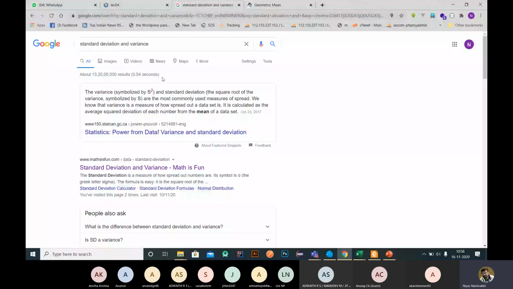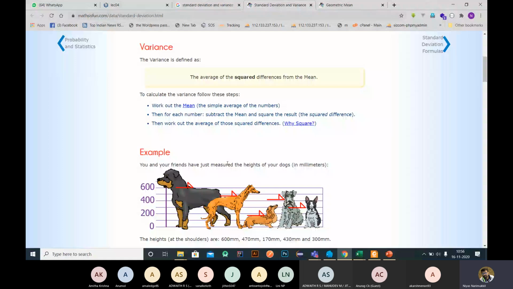Yeah, we can use this example. This is a very easy example. So standard deviation means it is a measure of how spread out numbers are.